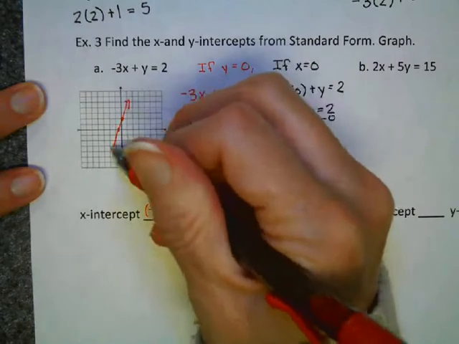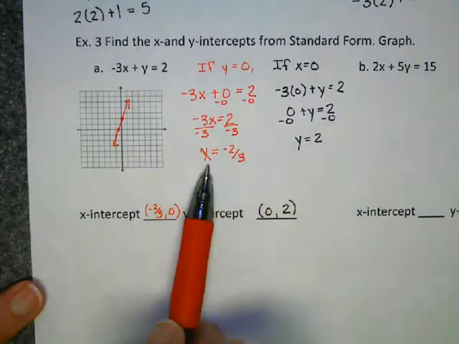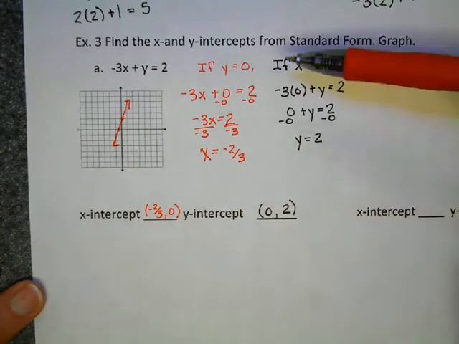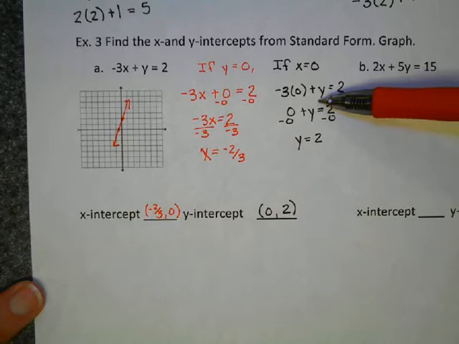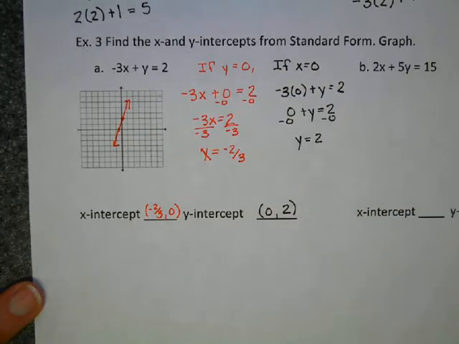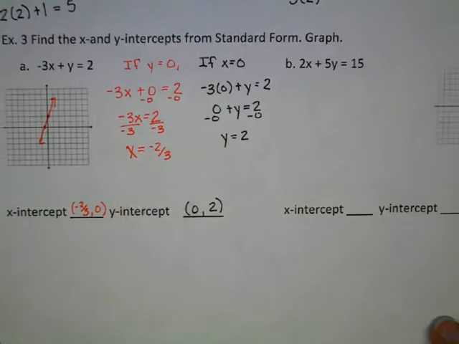Then I draw a line through those 2 points. So step 1 says let y equal 0, plug in a 0, solve for x, and put that number on the x-axis. If you let x equal 0, you're solving for y, and you put that number on the y-axis, and then you connect the 2 points.